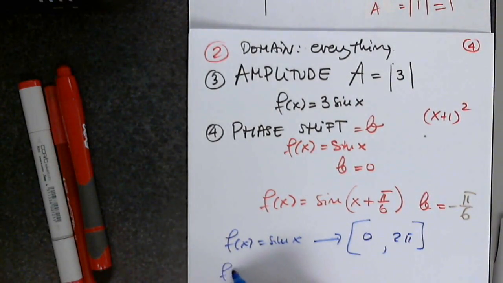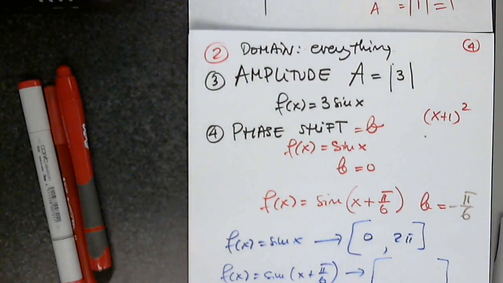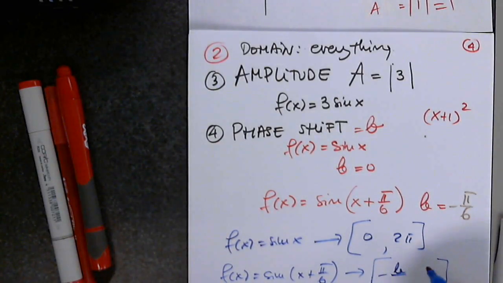Excellent. Can anyone give us the best interval for this function? -pi/6. Yes? 2pi. -pi/6. Very good.